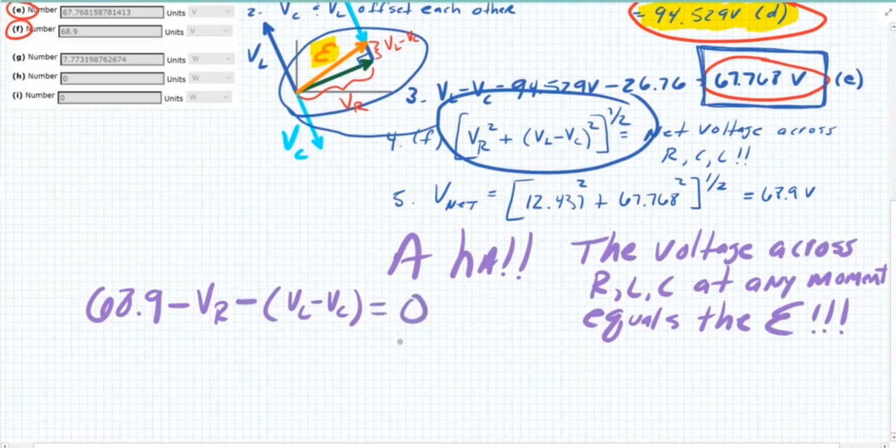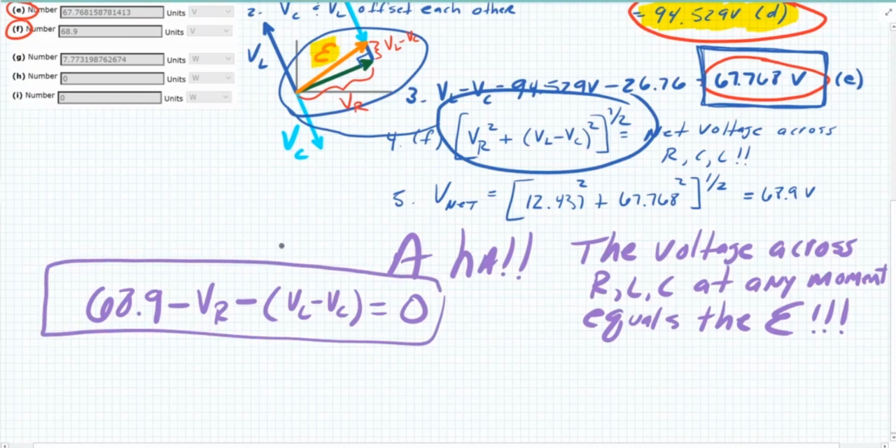And that should equal 0. This is for sure the loop rule, but you can see all of the care we had to take in setting all this up. So it's more complicated than just basic math.